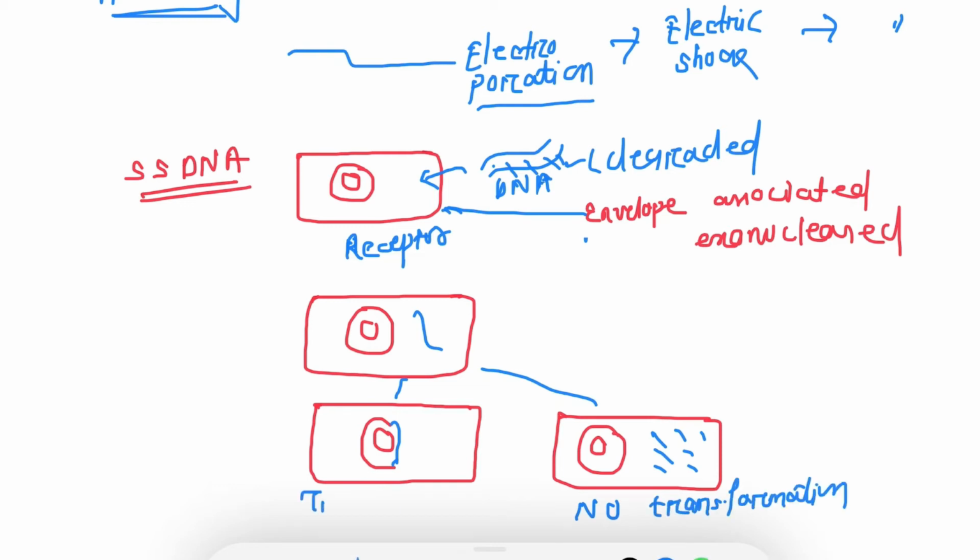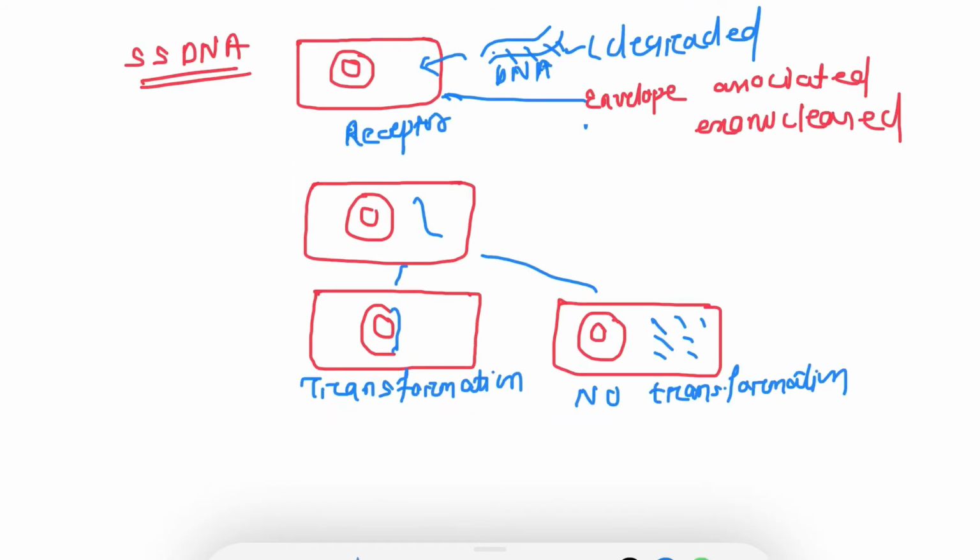Here it is a successful transformation. This is the example of transformation with a DNA fragment, where there is a chance of successful transformation, and also a chance of no transformation.